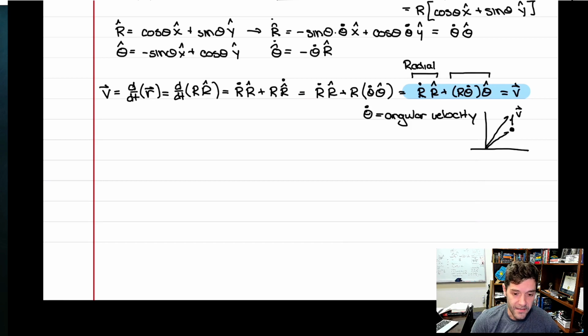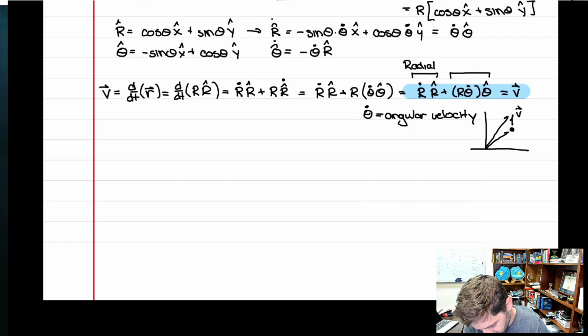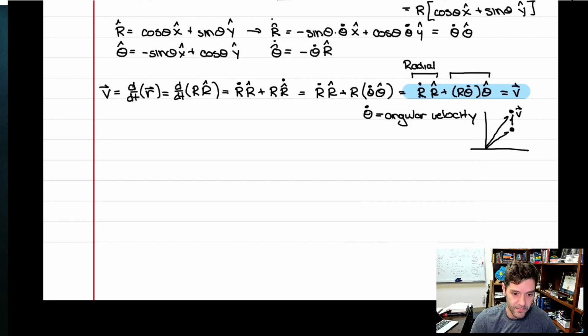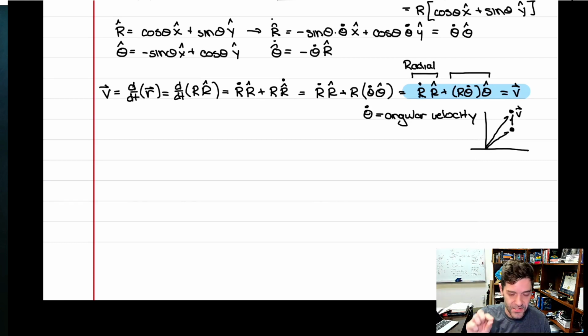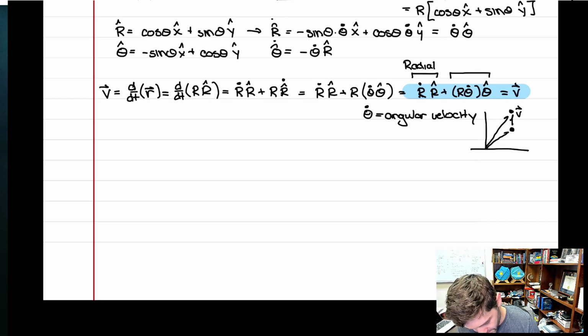Well, notice that as it traverses from the start to finish, it's getting farther away from the origin. So there's a radial change. There's a change, at least, in the radial distance from the origin to that particle. That's this first term here, r dot. How much is the particle changing radially in terms of its location from the origin?